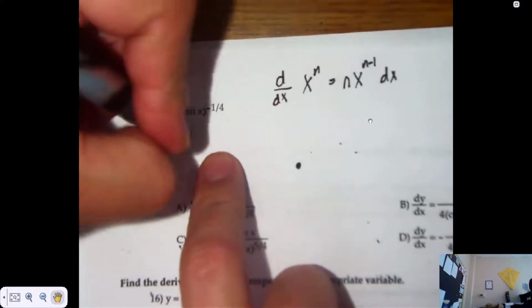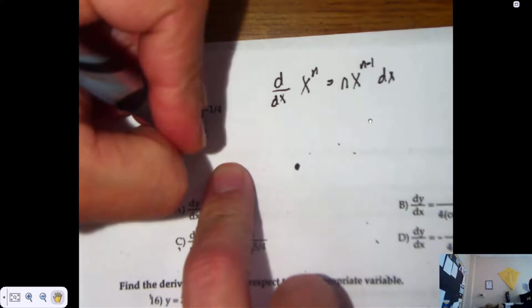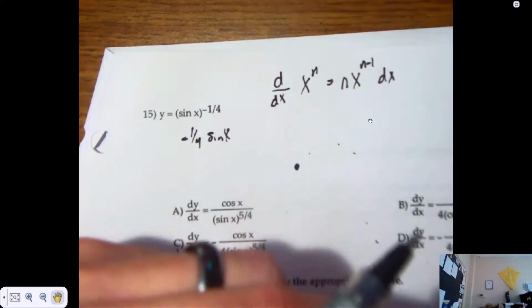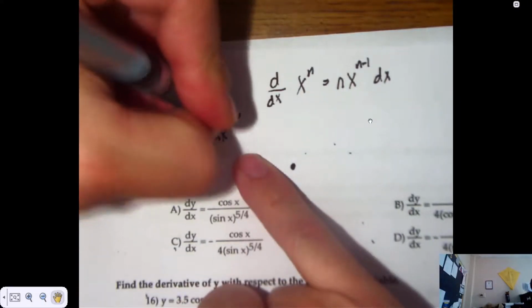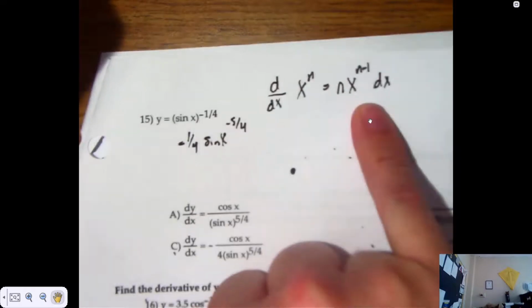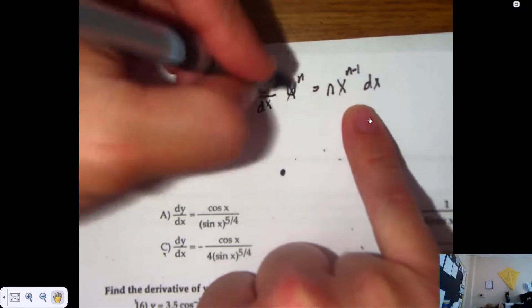So we're going to move that negative 1/4 out front. Negative 1/4 sine of x. We're going to decrease the exponent by 1. You take away 1 from a negative quarter, you know where you're at? Negative 5/4. Now what we have to do, maybe I should have done this in terms of u.